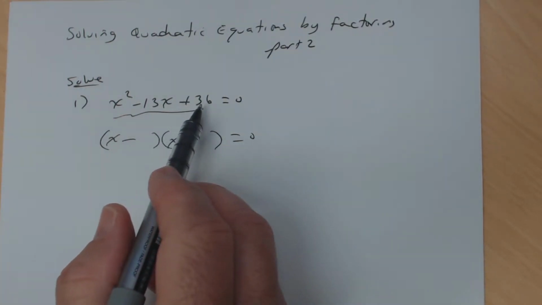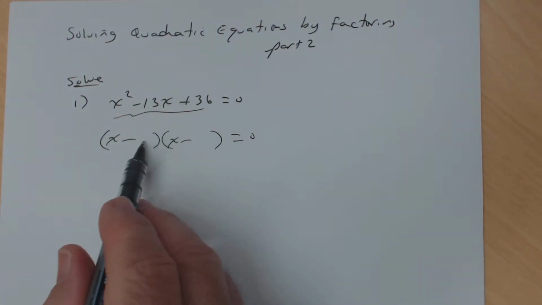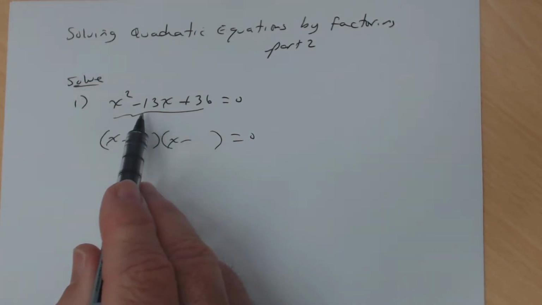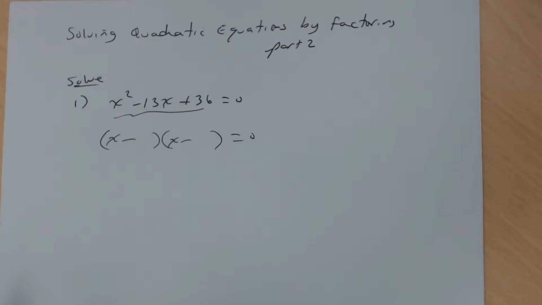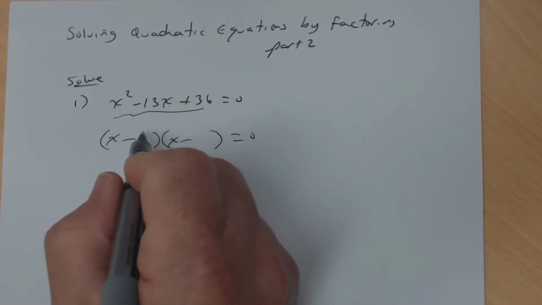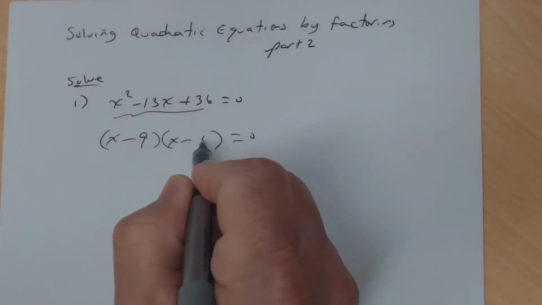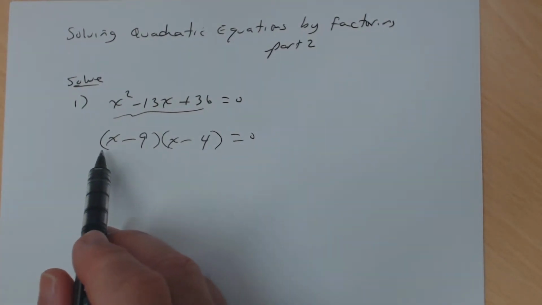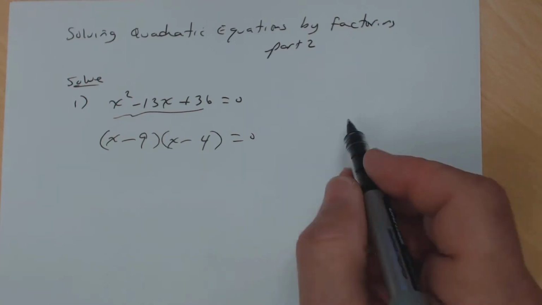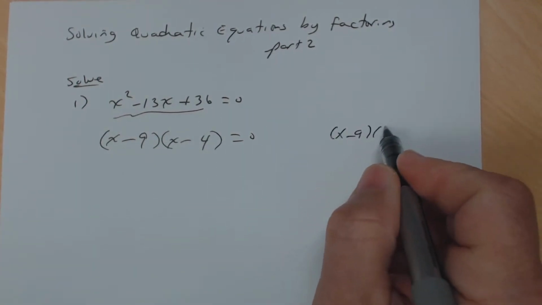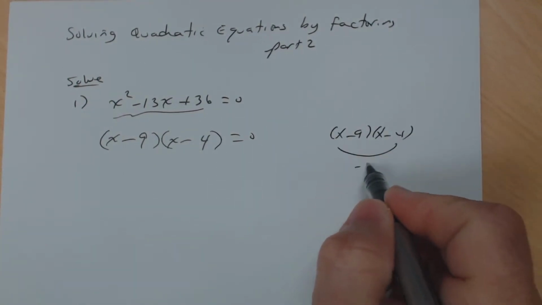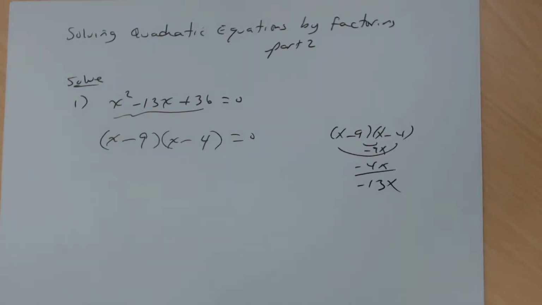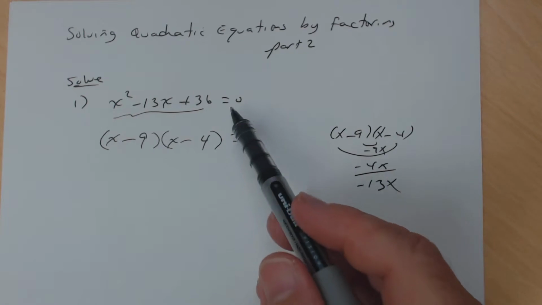I need the outer and the inner to give negative 13, so the only possibility is 9 and 4. But check yourself before you go on, just like you did in the last chapter. x minus 9 times x minus 4: the outer is negative 4x, the inner is negative 9x, and when I add them up, I do get negative 13x.